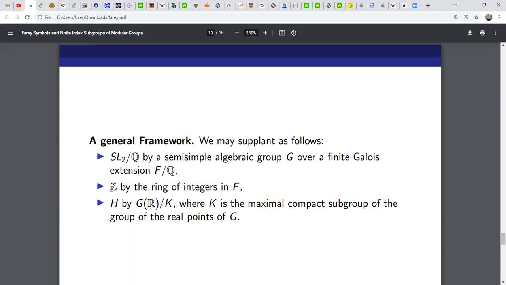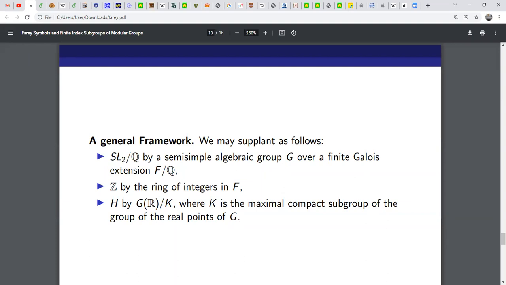And the ring of integers will be replaced by the one in the finite Galois extension F. The upper half plane will be replaced by the manifold determined by the real points of this group G. Here SL2 has been supplanted by G, and K is its maximal compact subgroup of the group of its real points.